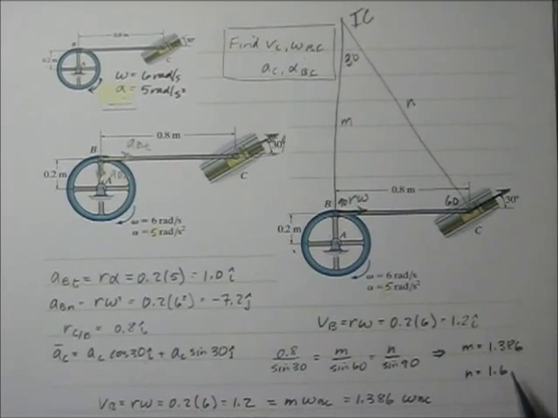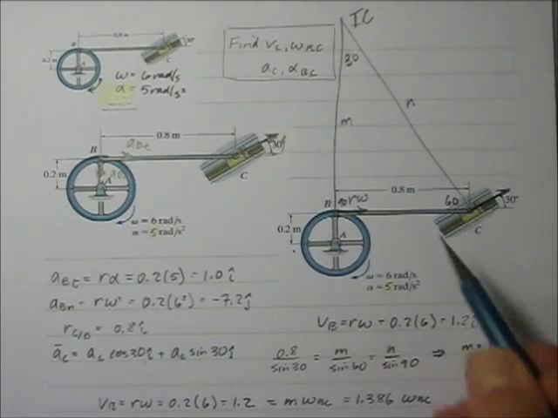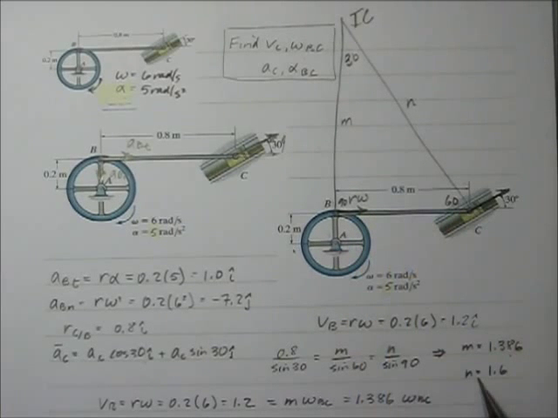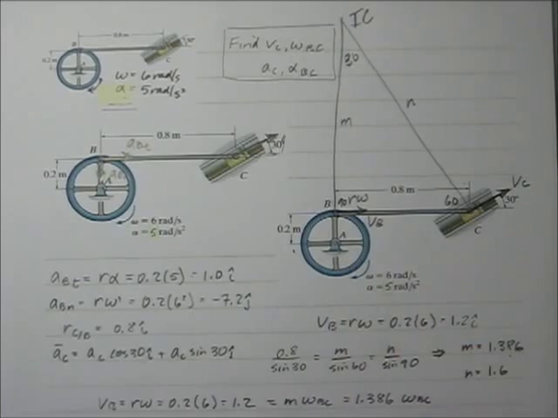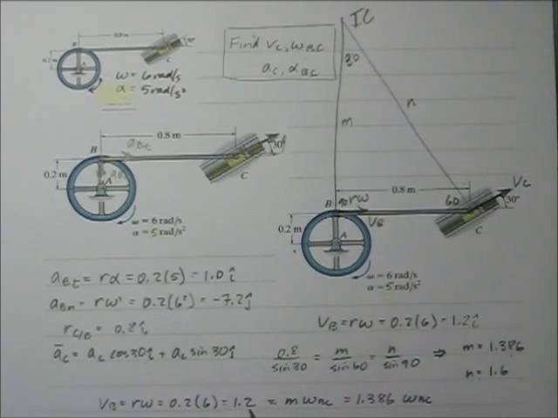Solving that for values of M and N, I can get M is equal to 1.386 on this side, N is equal to 1.6 on this side. Now I know that my velocity of C is going in this direction. I know that the velocity of B is going in this direction. So we know that the velocity of B is equal to 1.2.